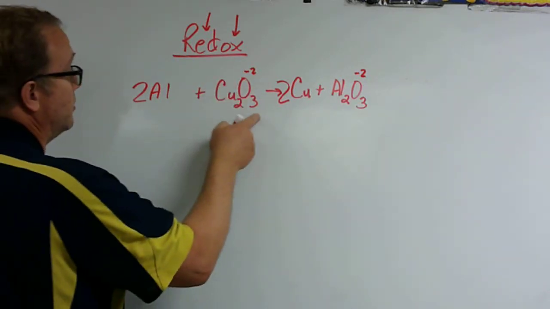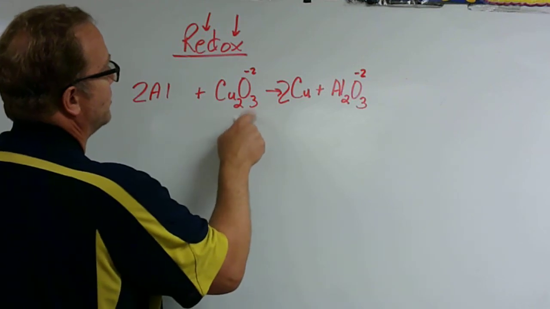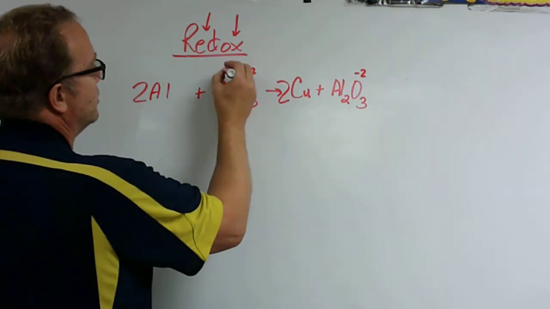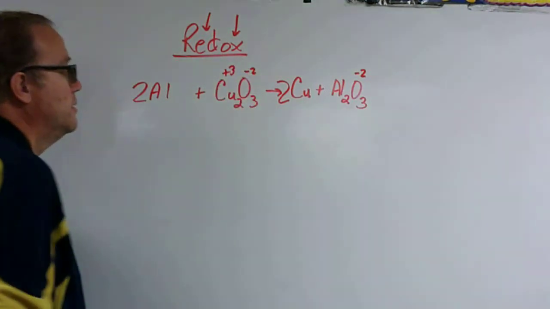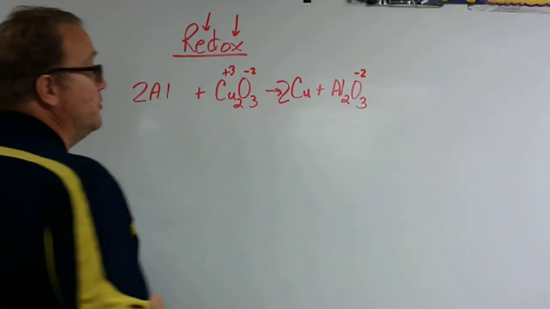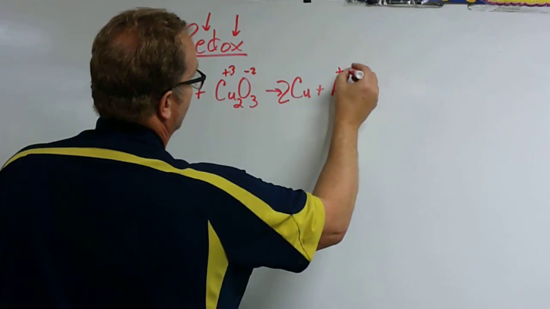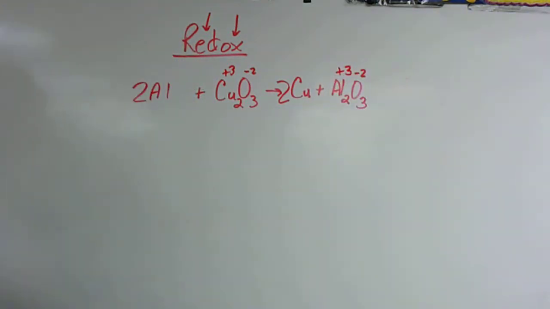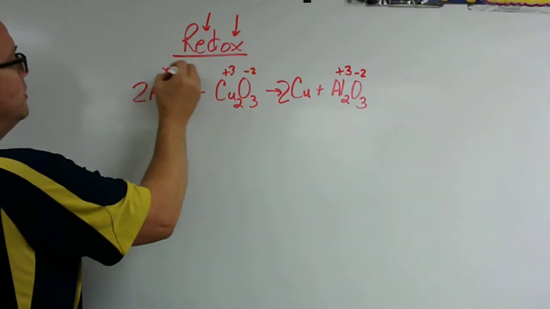Since we already have numbers here, we can do that. The copper, we're going to do our same standard thing, and we know that's going to be a +3 because we have to make sure it's neutral. And then we also know that this one is here. The ones that are by itself, we're going to go with 0.